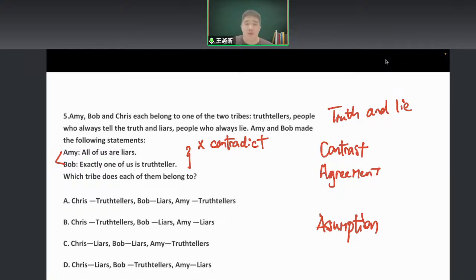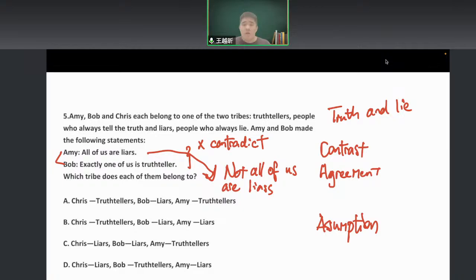Actually no. A contradictory statement looks like this: Not all of us are liars. Now these 2 are in contradiction. Amy and Bob's statements can both be incorrect, so they are not in contradiction.